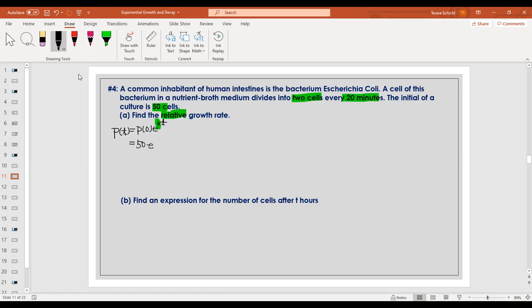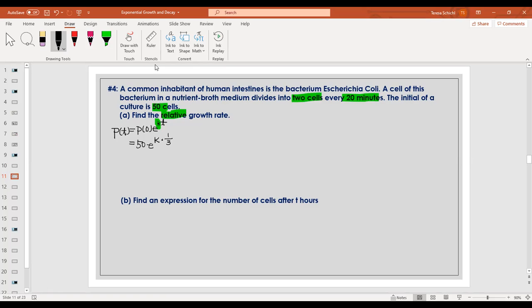Now 20 minutes is 1/3 of an hour, so I will put t equal to 1/3 here.